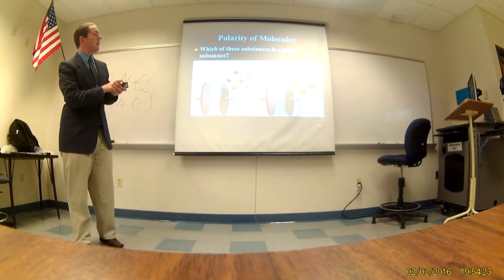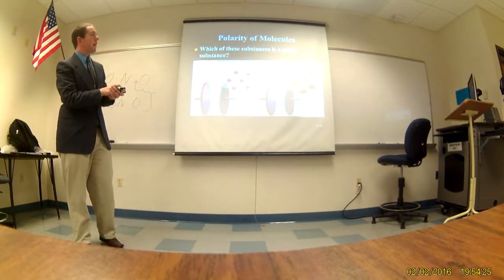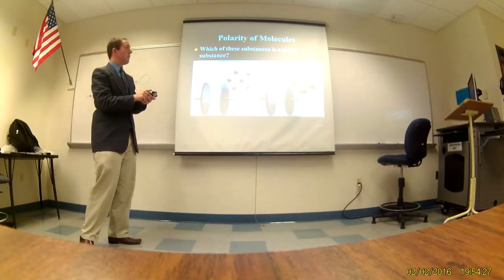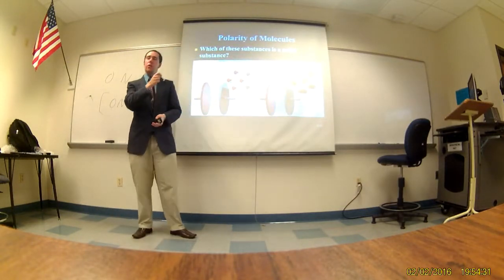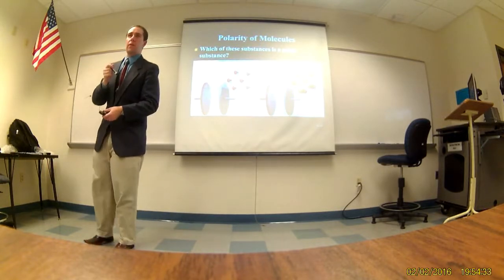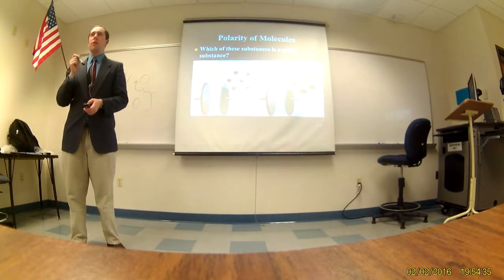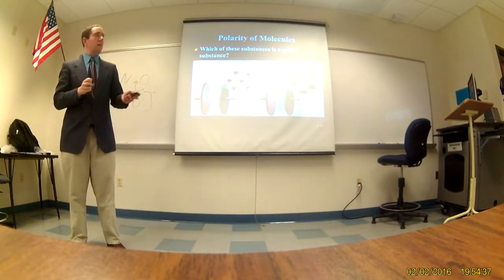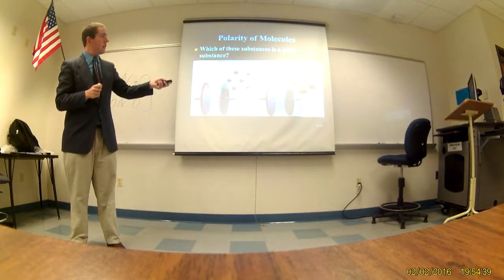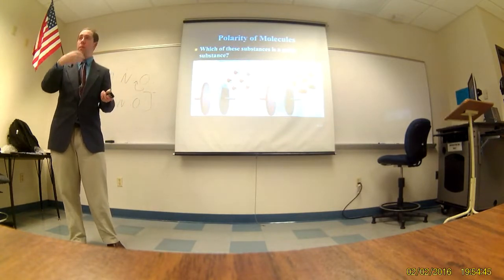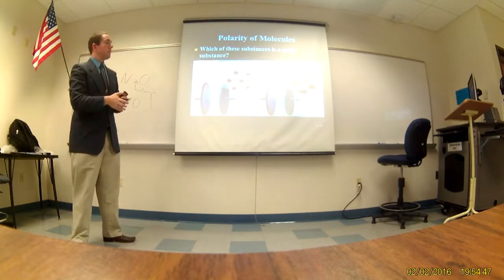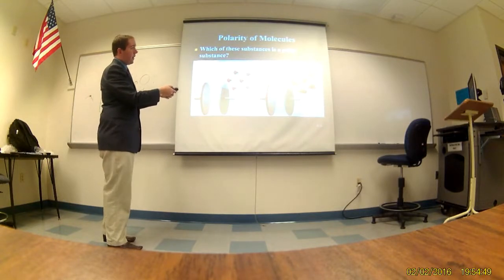If we come over here, this is carbon dioxide. We have a partial positive in the middle and two partial negatives. Is there a way that you can draw a line through the middle of that molecule and not have a mirror image? If I draw the line like this, is it a mirror image? Yes. I have half a black one and a red one on each side. If I draw it like this, is it a mirror image?